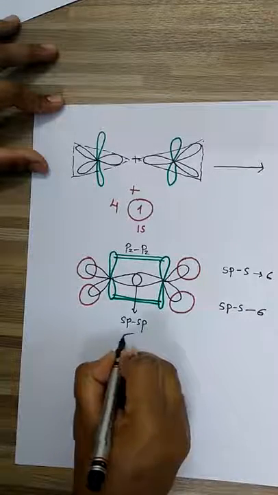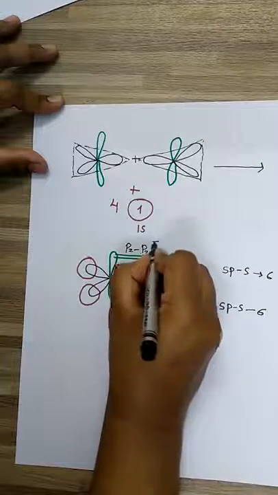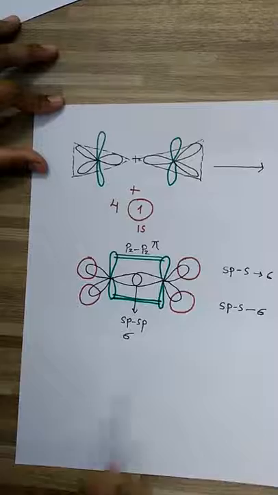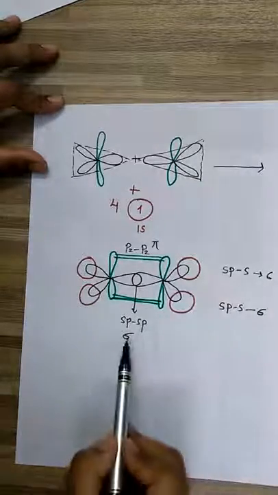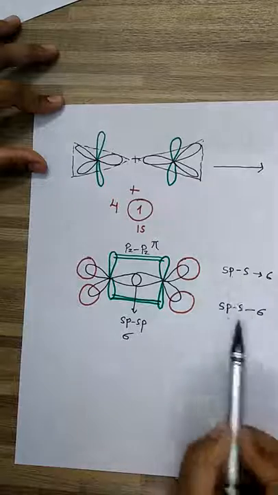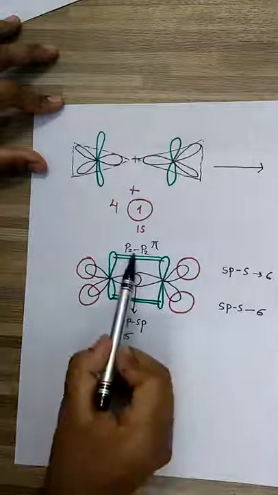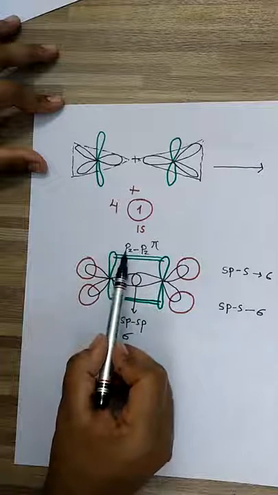This is also a sigma bond because it contains s character, and this one would be a pi bond. So each carbon atom is making 3 sigma bonds by the overlap of sp2-s orbital, sp2-s orbital, and sp2-sp2 orbital, and 1 pi bond by the overlap of pure p orbitals.